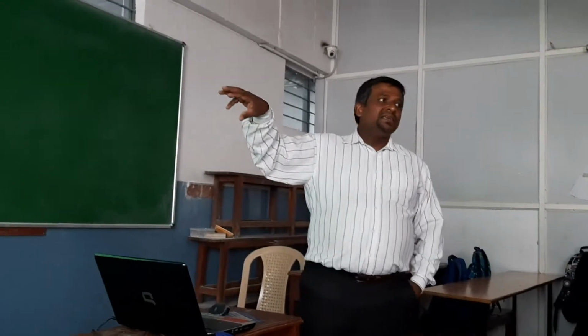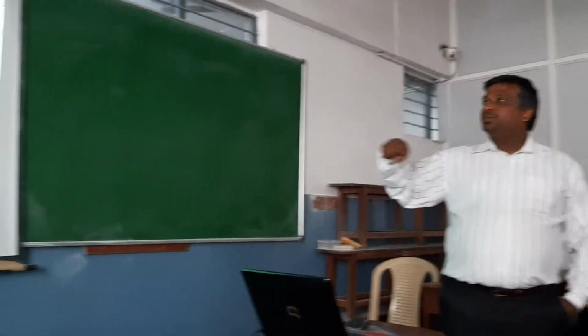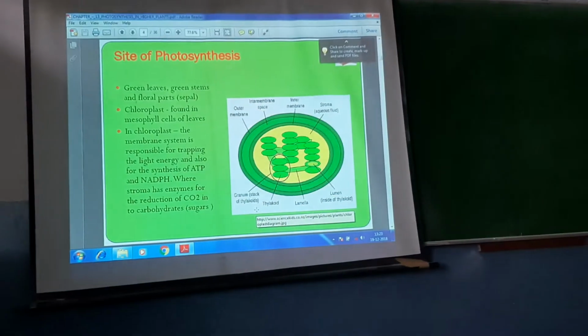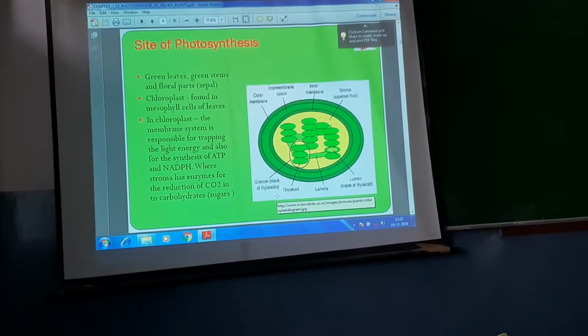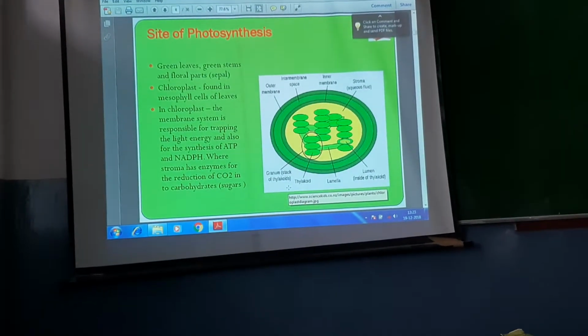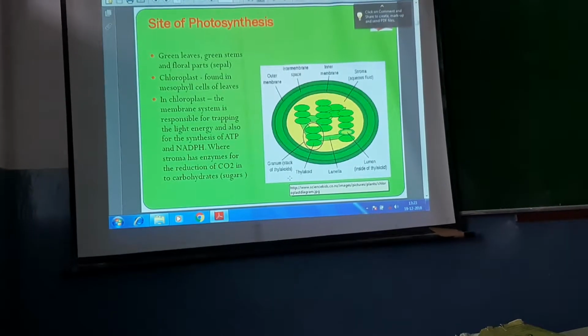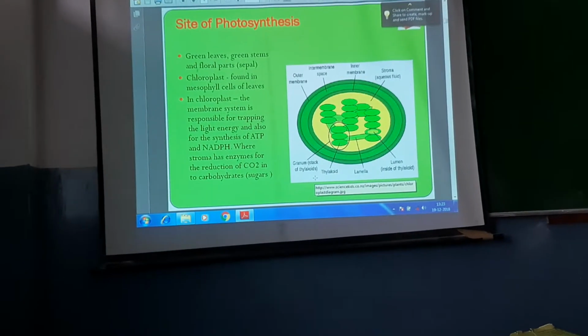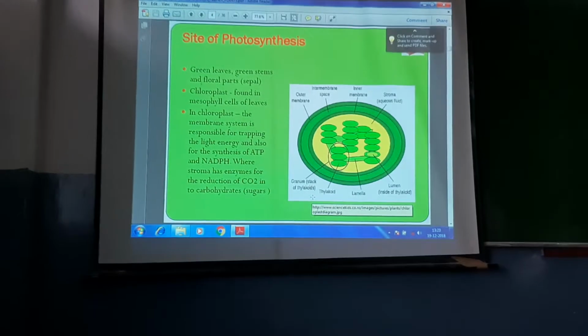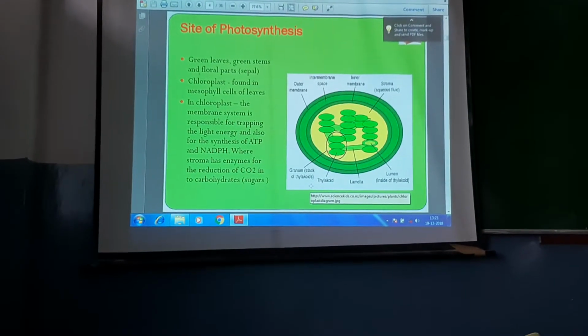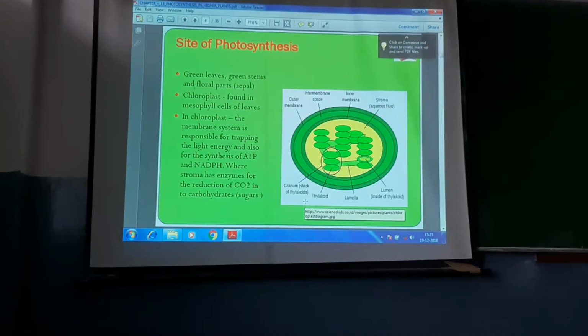In the chloroplast, the membrane system is responsible for trapping the light energy and also for the synthesis of ATP and NADPH. ATP is the energy molecule. The energy currency of the cell is ATP, whether in human beings or in plants: adenosine triphosphate.